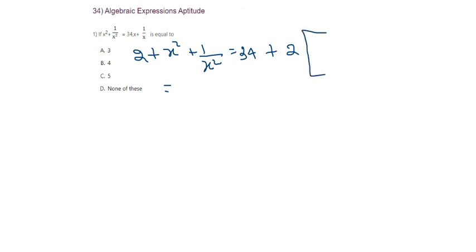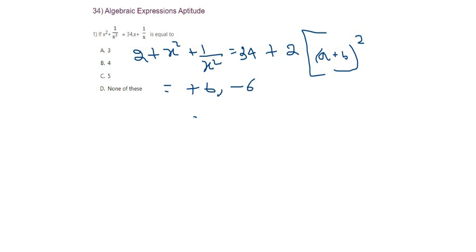I wanted to add plus 2 according to the a plus b whole square formula, so that I get this in the form of a plus b. A plus b whole square is equal to a square plus 2ab plus b square. When I'm solving this equation, I'm getting plus 6 and minus 6 as the answers.